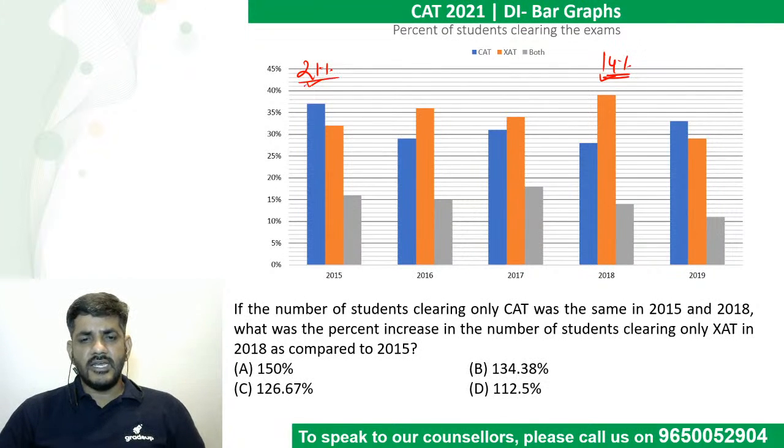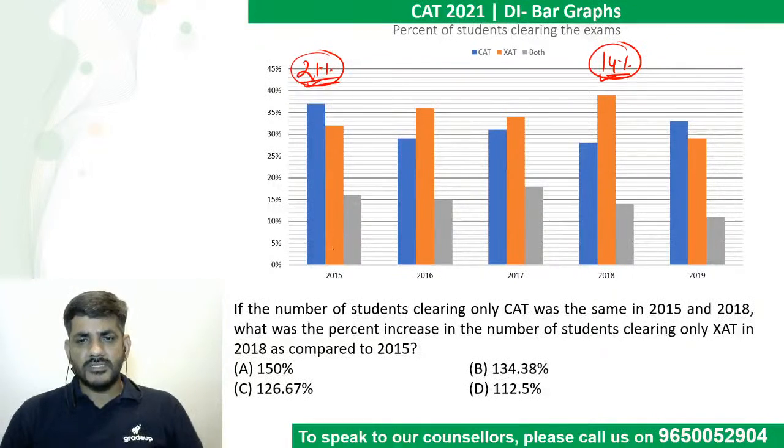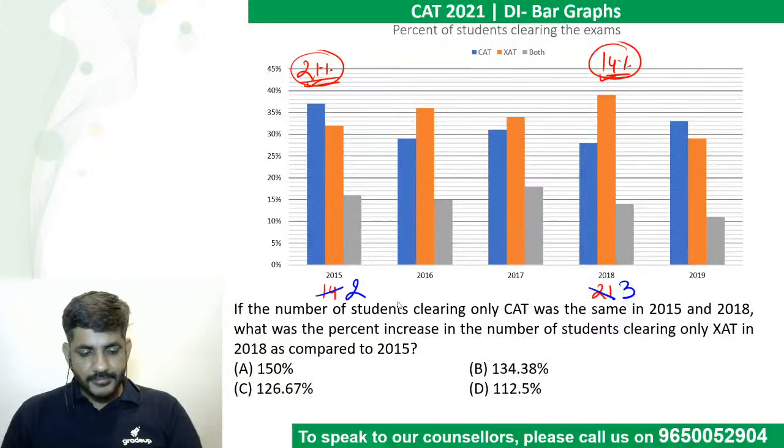He says these are equal. So going by the logic of the previous question, if 21% of students here and 14% of students here are equal, then the number of students in these two years must be in a ratio of 14:21, right? Or this 14:21 can also be written as a ratio of 2:3, right?